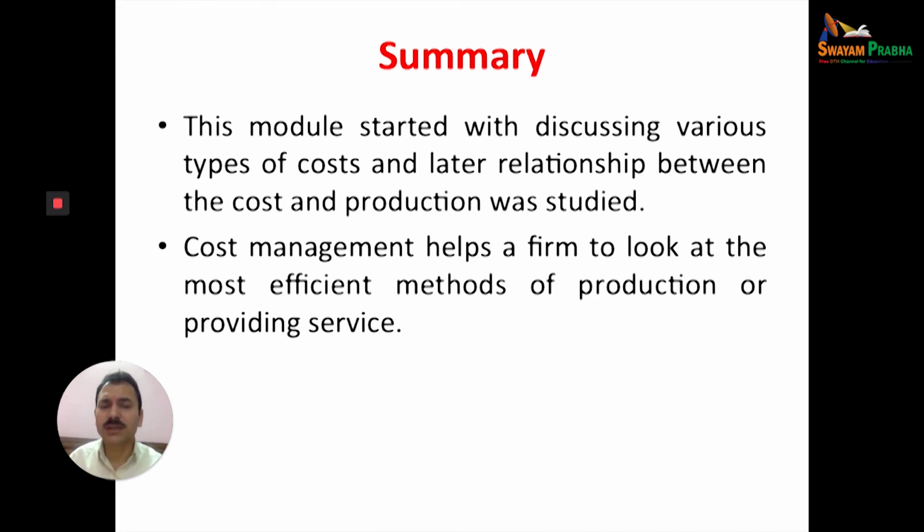Cost management helps the firm look at the most efficient method of production. The production function, or this cost function, guides the producer on what the minimum level of cost should be, because to maximize the output and the profit, cost should be minimum.